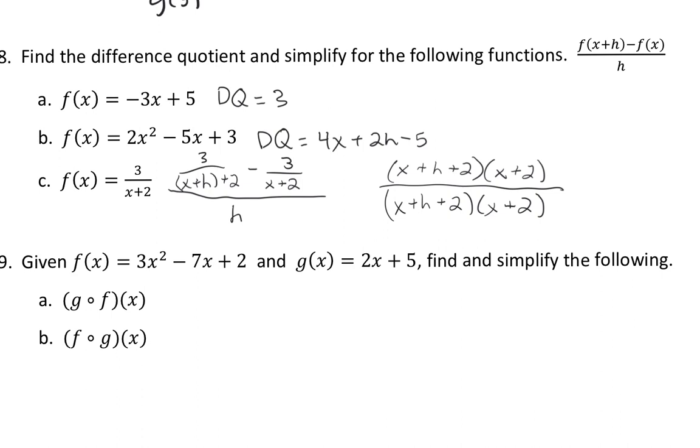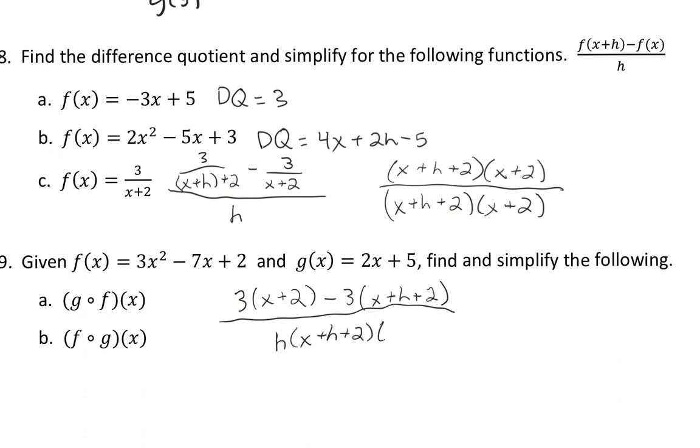And so when we do that, we'll see that on the top, we'll have 3 times x plus 2 minus 3 times x plus h plus 2. And on the bottom, we will have h times x plus h plus 2 times x plus 2.